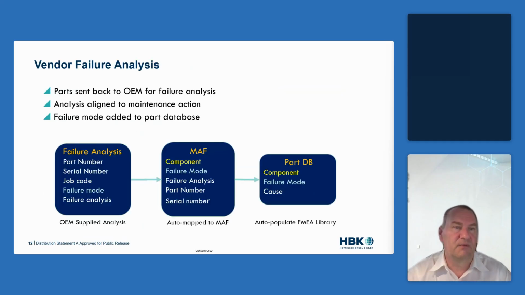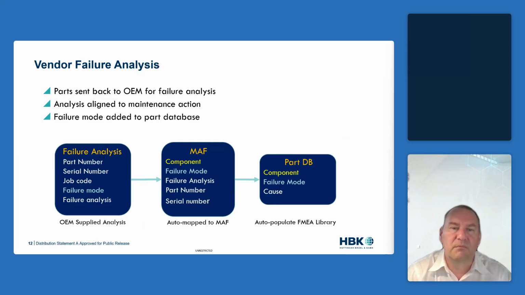Now, I did talk a little bit about the failure analysis and the job that's being done. One of the things that NAWCAD has done for failure analysis is to send parts out to the OEM to have them review and understand what those failure modes are.